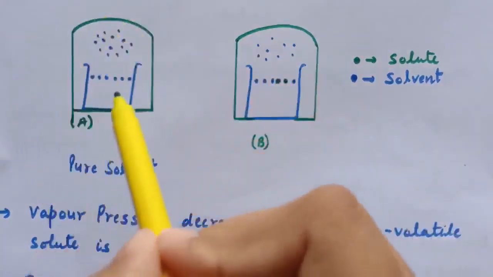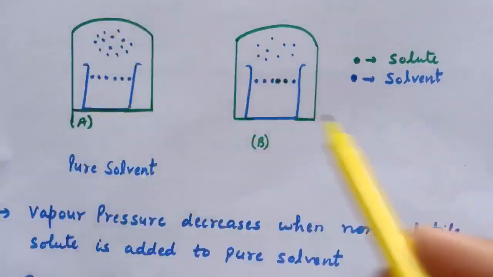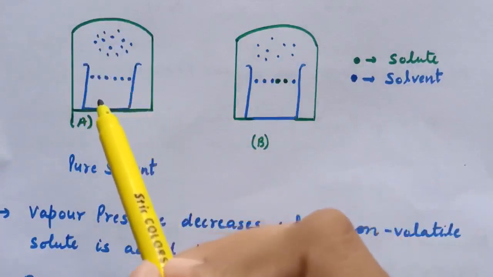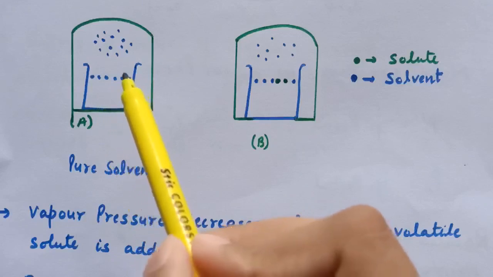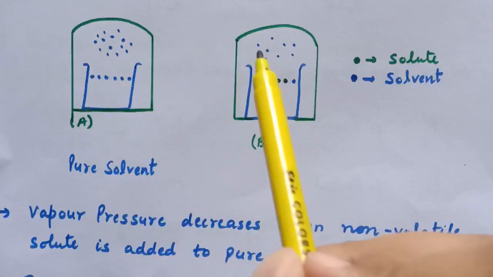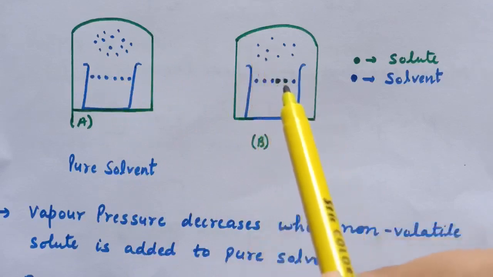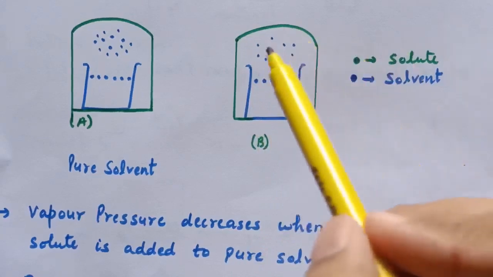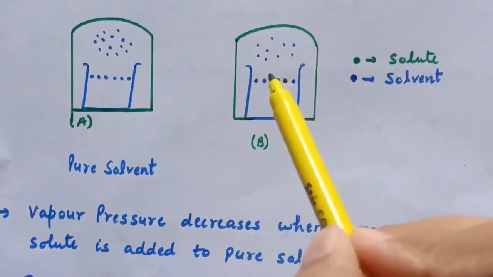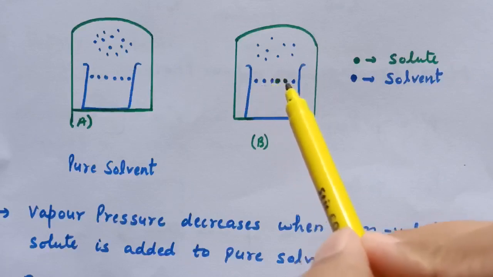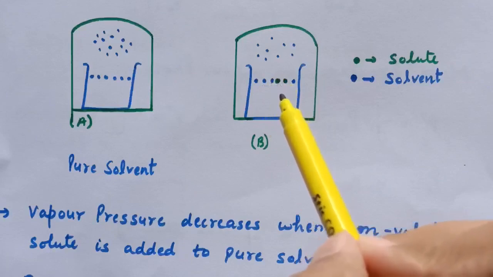In figure A, in a pure liquid, the entire surface is occupied by the molecules of liquid. And in the second diagram, we are adding non-volatile solute to this pure solvent. When we add non-volatile solute to this solvent, the vapor pressure of this solution at a given temperature is found to be lower than the vapor pressure of the pure solvent at the same temperature.